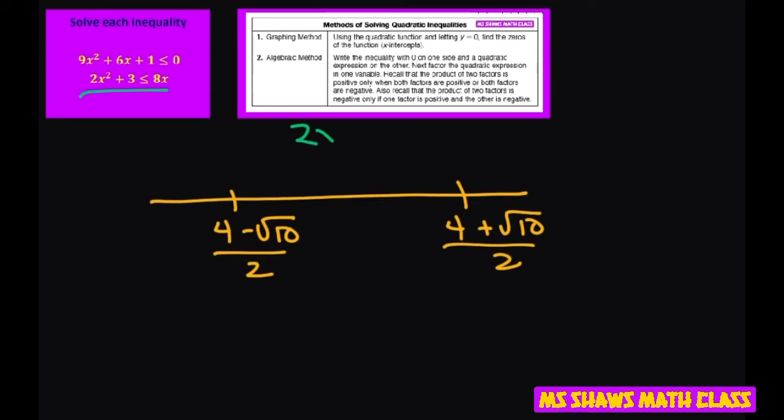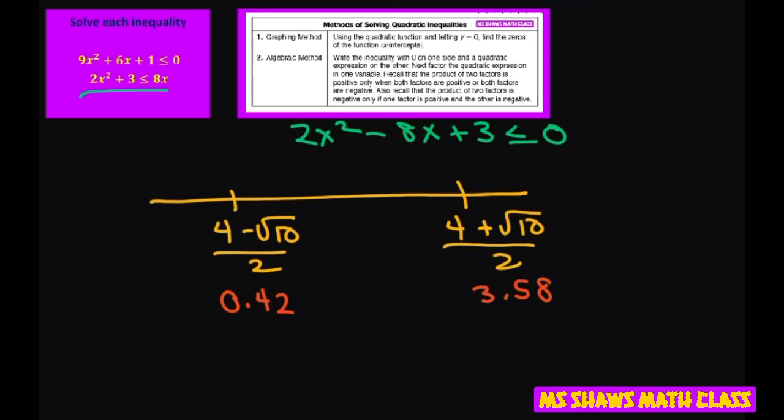We had 2x squared minus 8x plus 3 is less than or equal to 0. Now, what I did to make this easier is use the calculator, and this number simplifies in decimal form to 0.42. We're just going to estimate anyway. And this one is about 3.58.